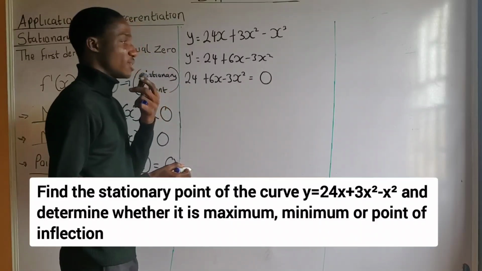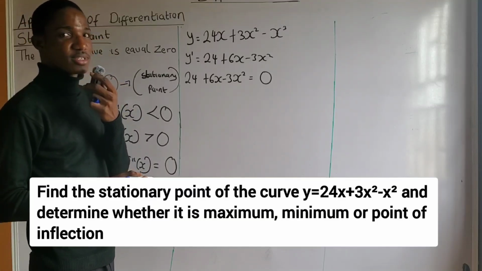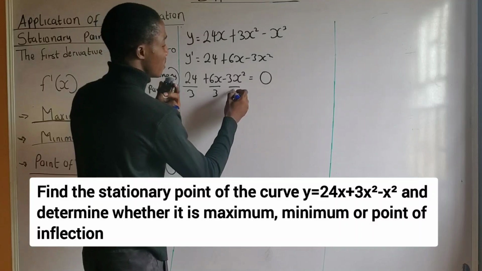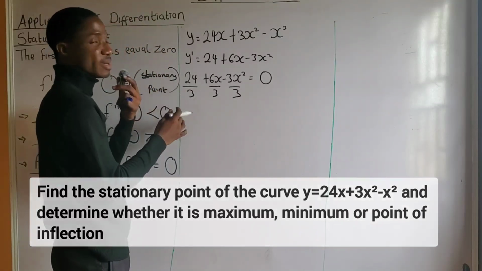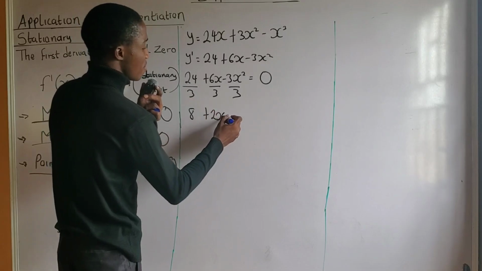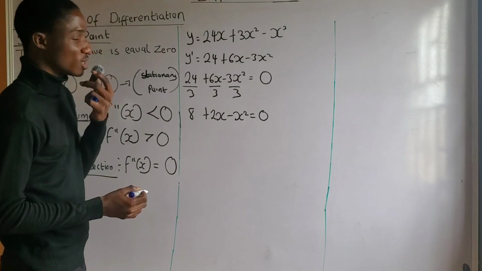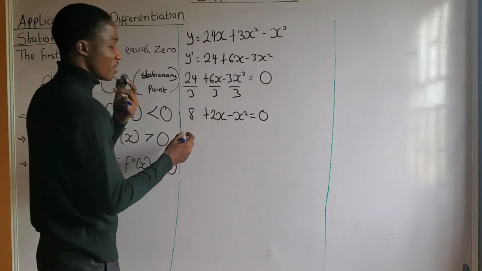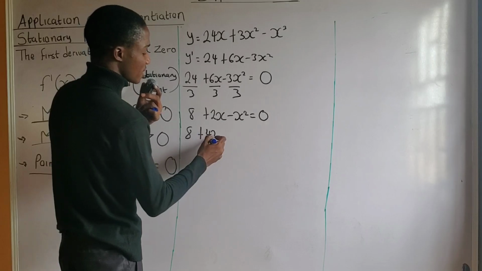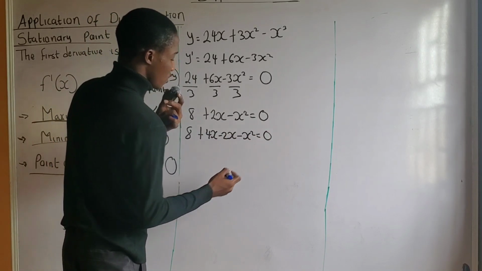Having gotten to this point, you can reduce this by dividing each term by 3. 24 divided by 3 gives 8, so I have 8 plus 2x minus x squared equals 0. The next step is to factorize: 8 plus 4x minus 2x minus x squared equals 0.